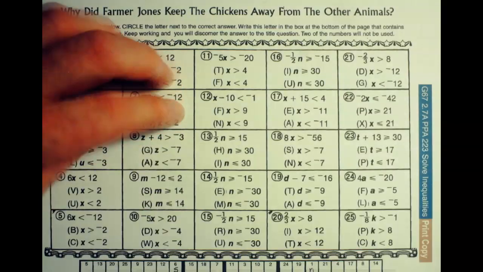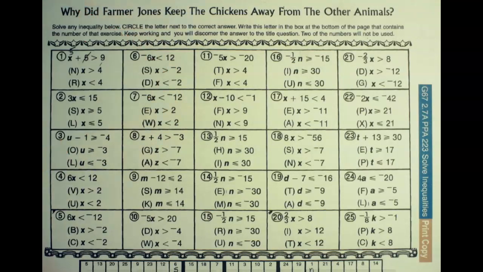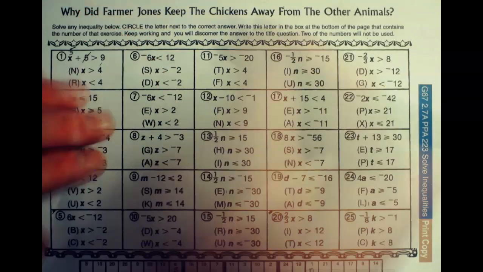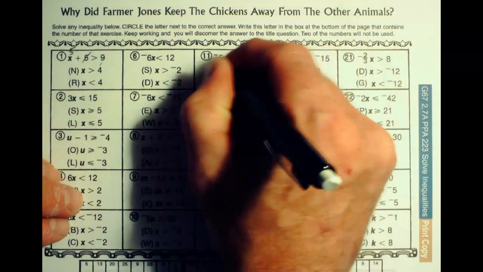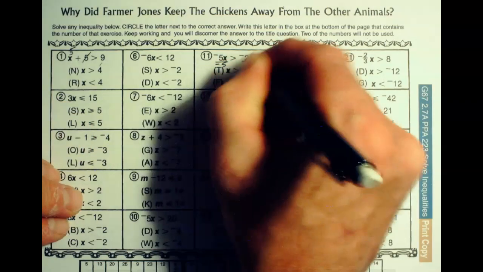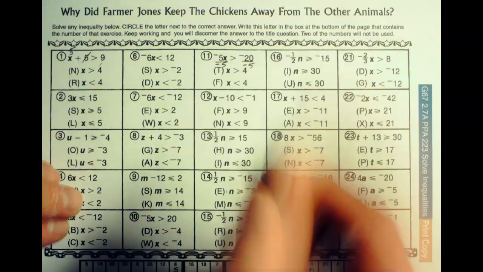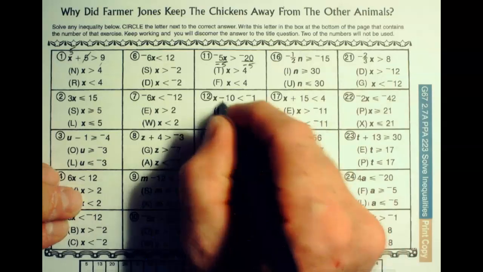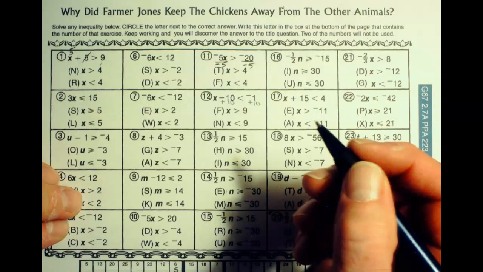So go ahead and work your way through these. Keep that in mind. If you're going to be, like on this one here, dividing by a negative 5 on both sides, you are going to have to flip that sign. On this one here, we're adding 10. We don't have to flip the sign because we're not multiplying or dividing by a negative number.